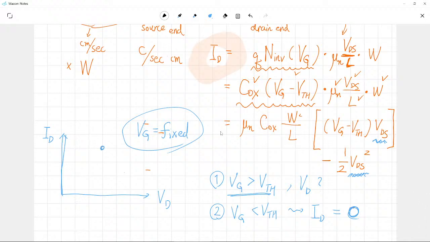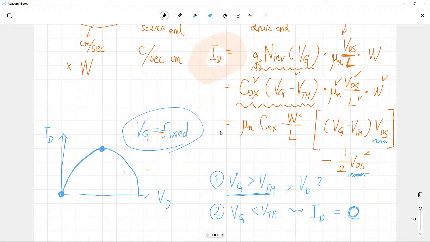When you draw it, you will draw it in this way. There is a certain point and you will have a certain parabolic behavior. Of course, this curve always crosses the zero point.